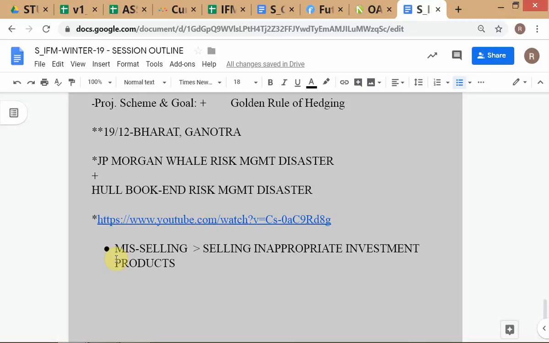SEBI tries to cap the commissions, but the problem derives from the incentive, because the salesman is making a commission. Suppose I'm the salesman and I've sold a high-risk growth equity mutual fund to a 75-year-old retiree, and I've induced him to invest all his life savings.